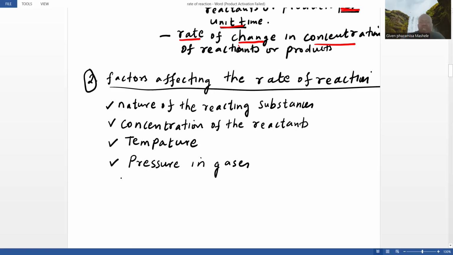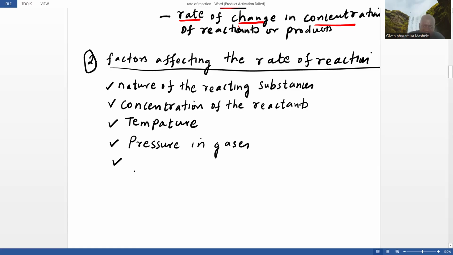Then the next one is the surface area, or we can say the state of division. So it is the surface area or the state of division. Then the last one is a catalyst.